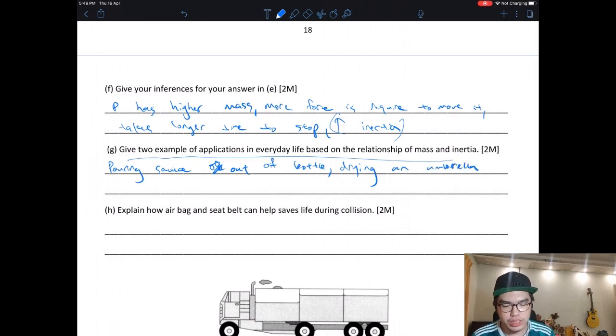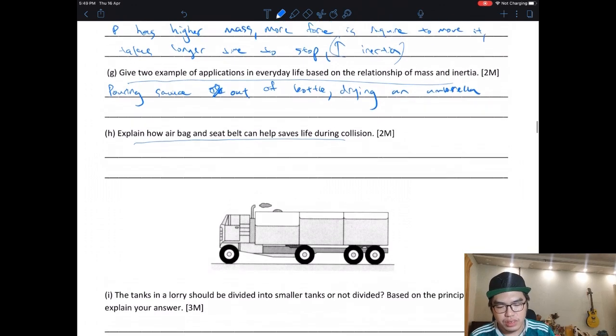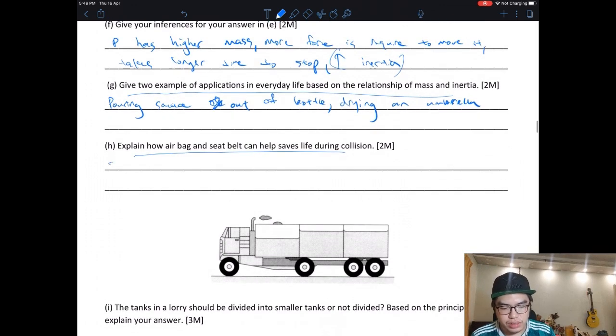So H, explain how airbag and seatbelt can help save life during collision. First and foremost, they reduce inertia. So you can say the seatbelt prevents the passenger from being thrown forward.